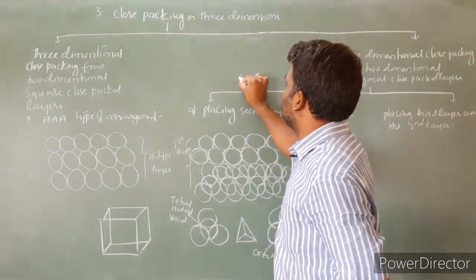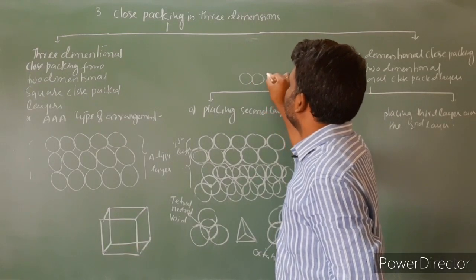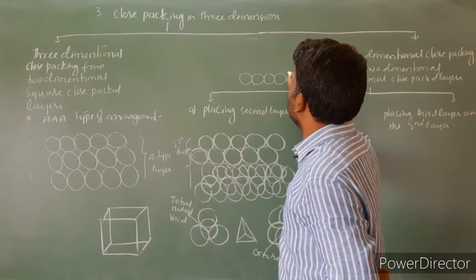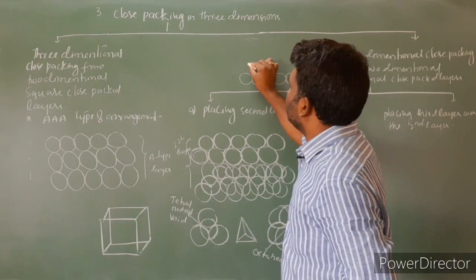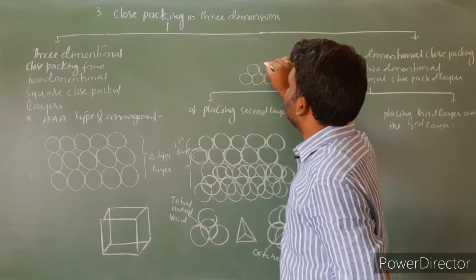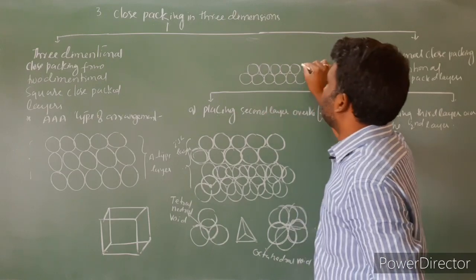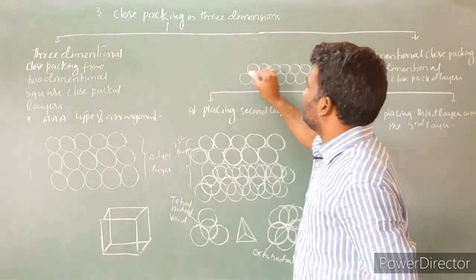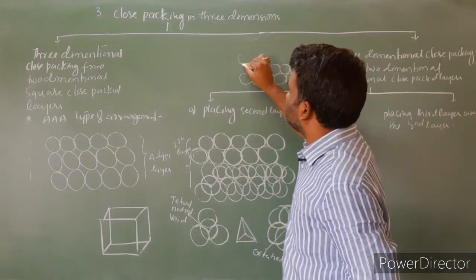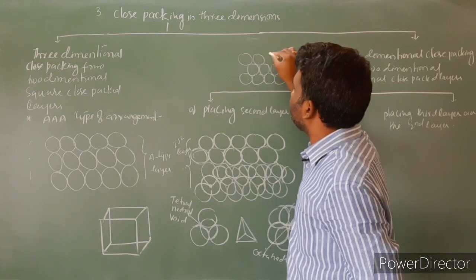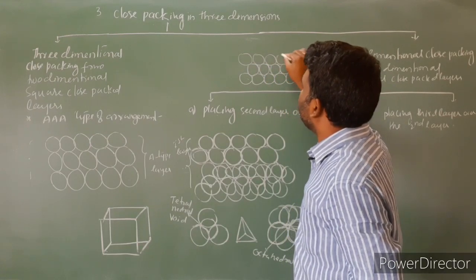This is the first row, and we have to place the second row in the depressions of the first row. Next, this is the third row. The third row is similar to the first row.